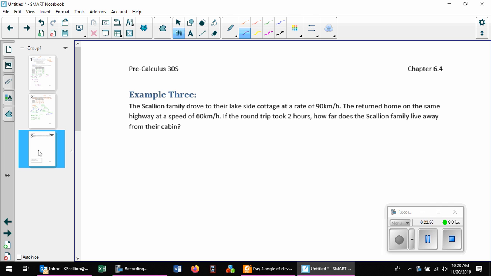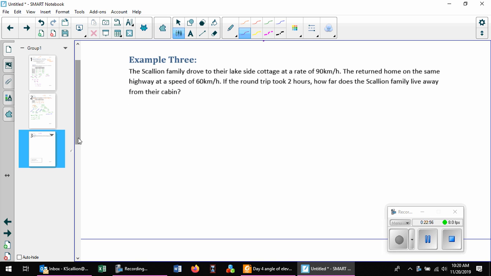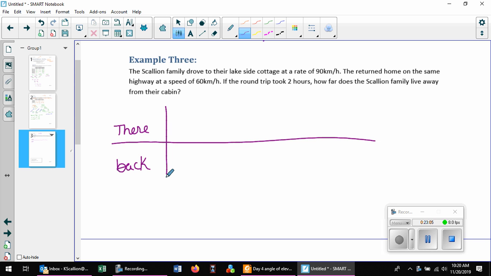Okay, so we're doing speed again. I'm going to make a table. So I have it there, and I have it back. You guys okay with that? Very technical table. So what did we do? Does it matter?